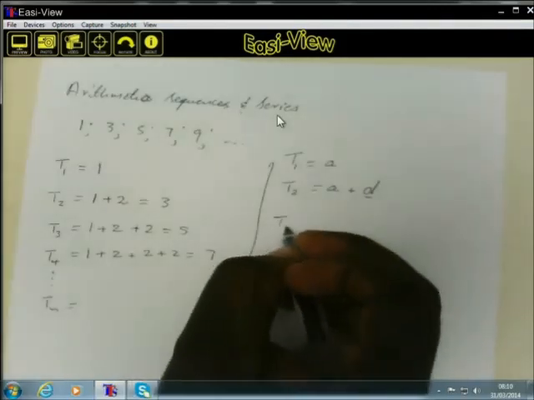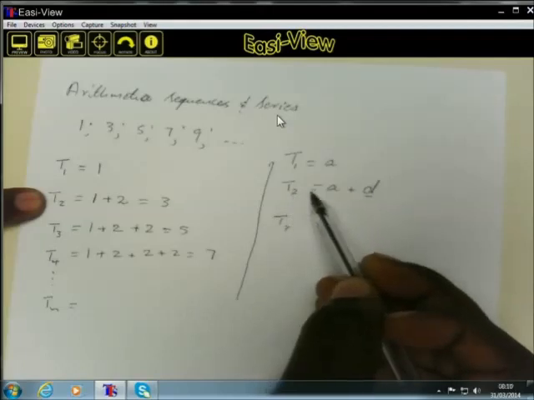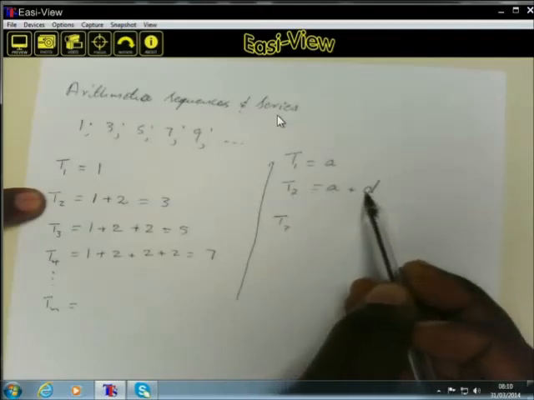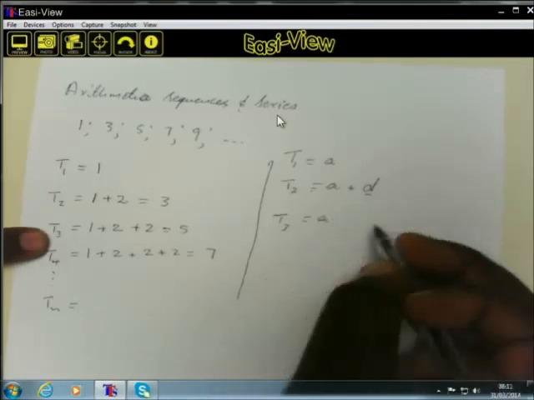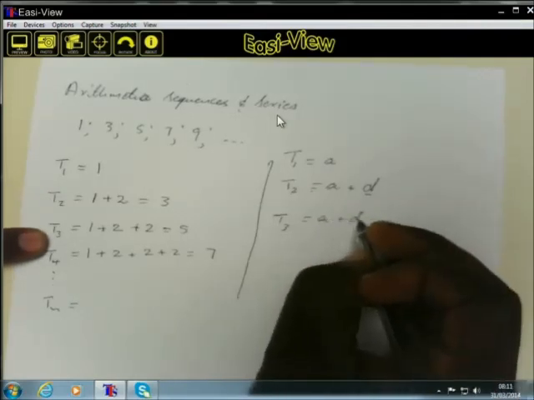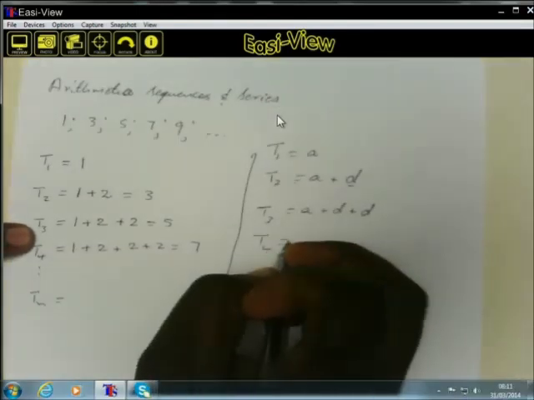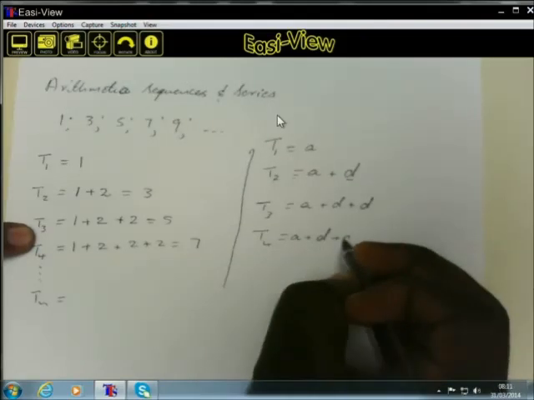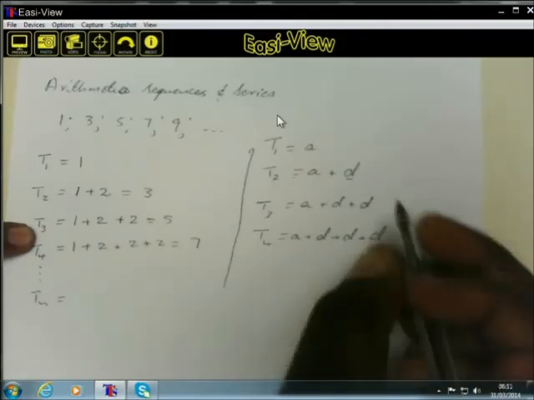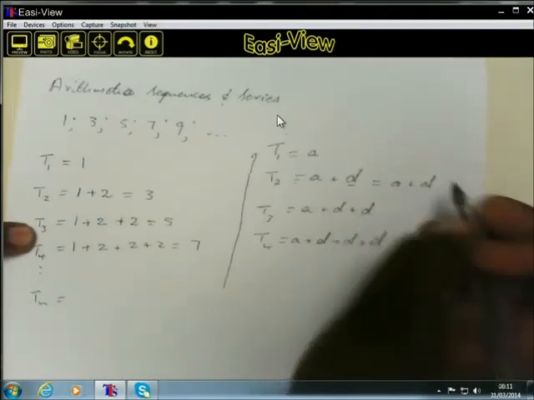And then T3, when we follow this sequence, we have T2 is equal to a plus d, and then T3 is equal to a, following what we've done here, plus d plus d. And then the fourth term will become a plus d plus d plus d.